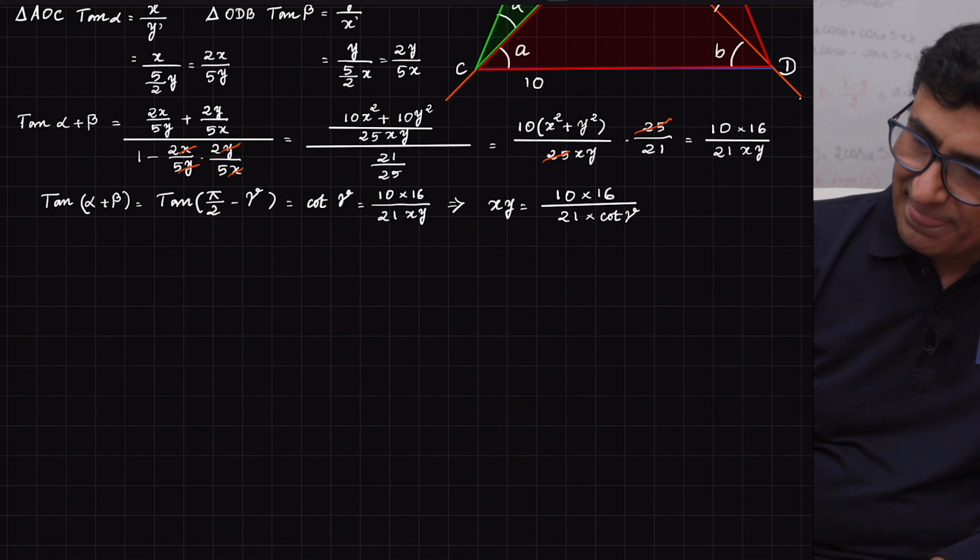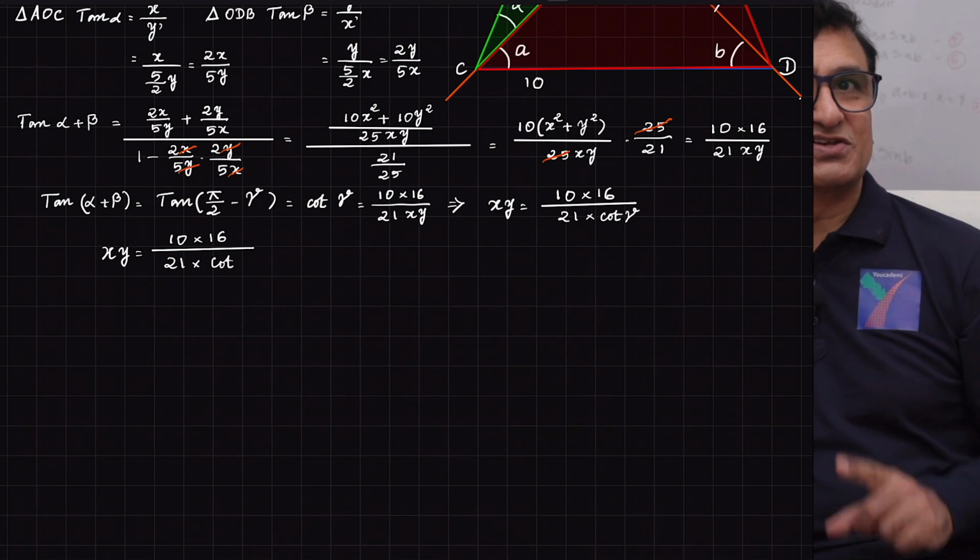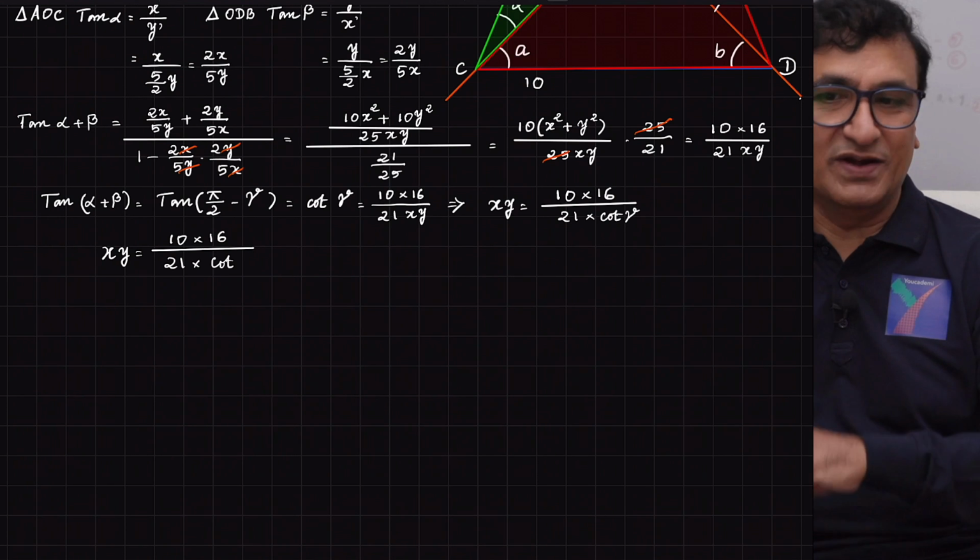Now, xy equals 10 multiplied by 16, the whole thing divided by 21 multiplied by cot gamma, where gamma is cot inverse of 20 by 21.